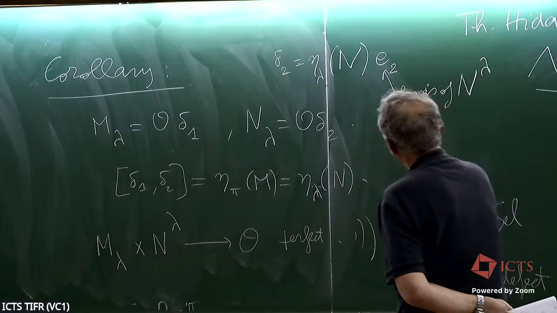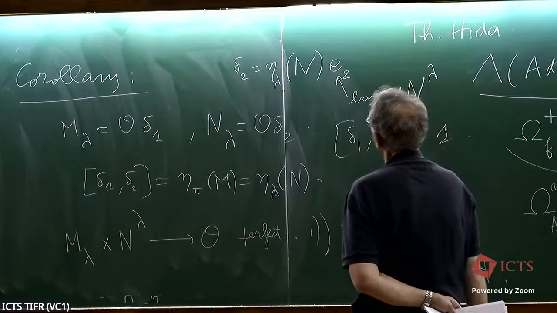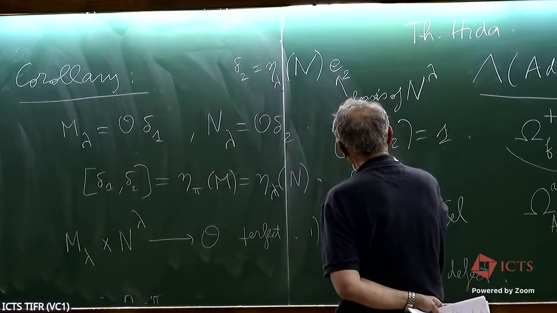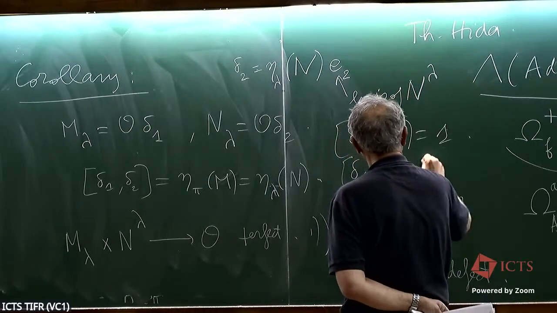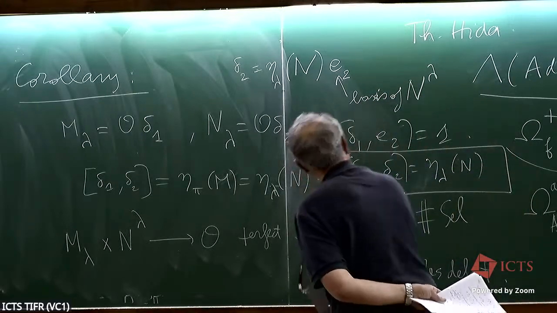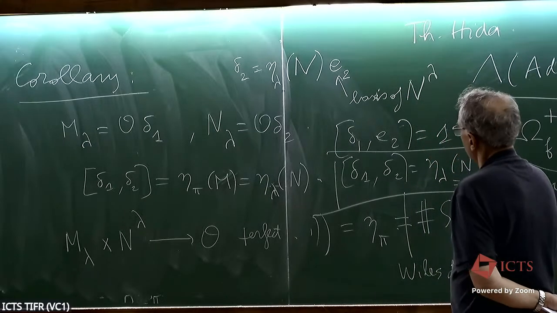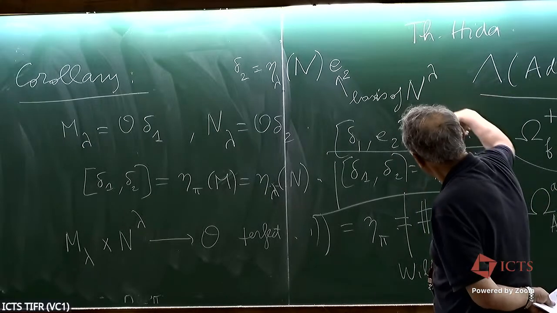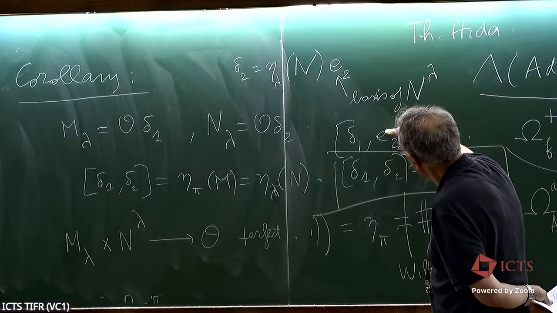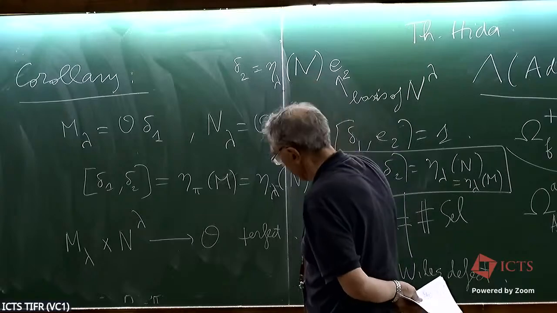And we know that δ1 E2 is 1. So of course, the pairing of δ1 and δ2 is η_Λ of N, or η_Λ of M, because this is 1, but this is this vector times this constant, by definition of this constant.